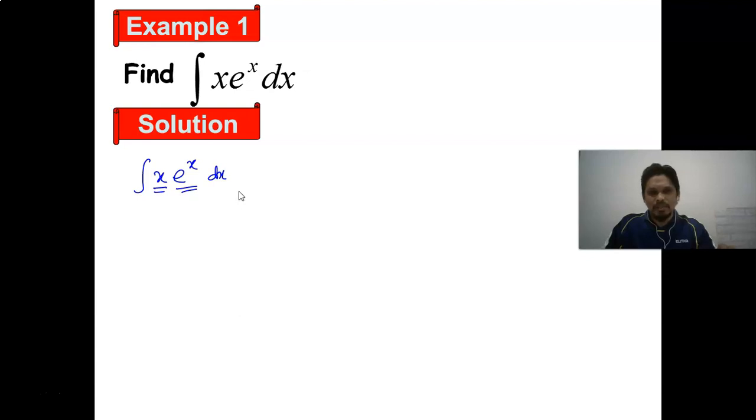So which comes first here? X, the polynomial, or the exponential function? So we look at the polynomial, where u equal to x and dv equal to e power x dx.